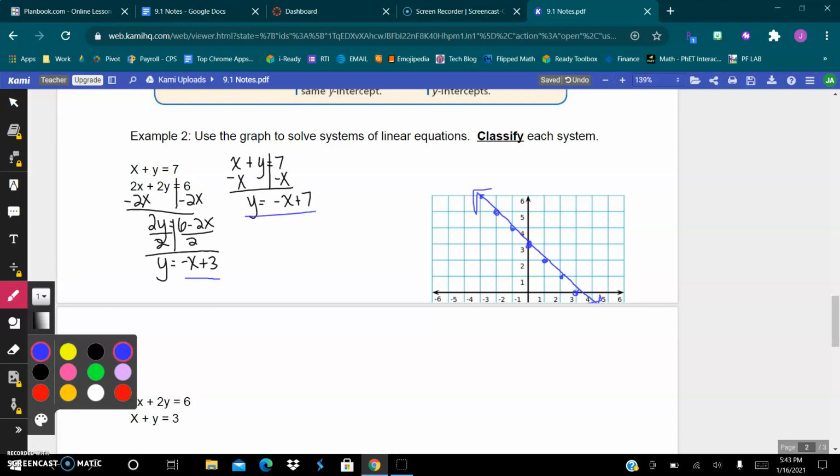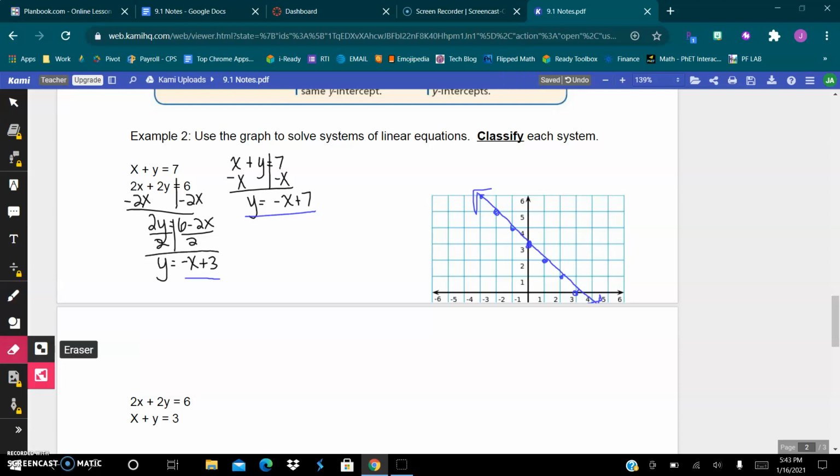And this line has a y-intercept of not positive 6. Up one more, positive 7, and a slope of negative 1. So I'm going to come down 1 over 1, down 1 over 1. So as you can tell, these lines are going to be parallel, so there's going to be no solution.